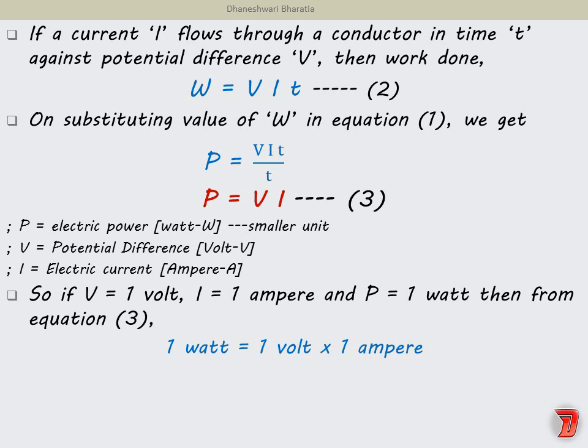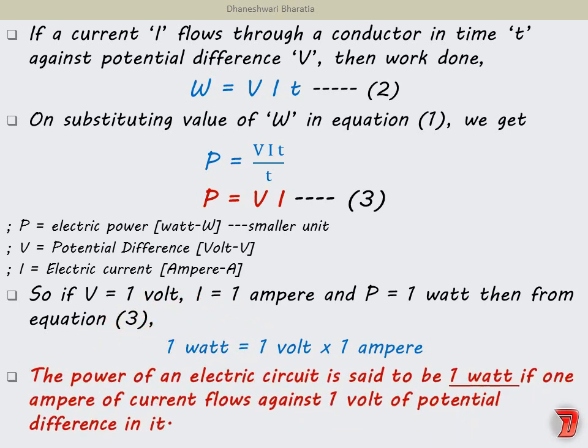Now from this equation I can write the definition of 1 watt, right? So what is the definition of 1 watt? The power of an electric circuit is said to be 1 watt if 1 ampere of current flows against 1 volt of potential difference in it, right? To remember the definition you should know this formula.